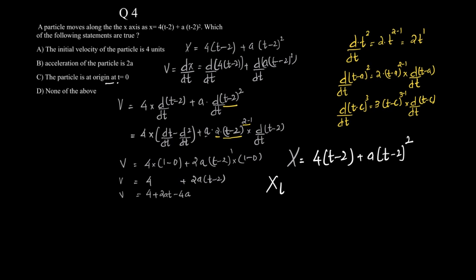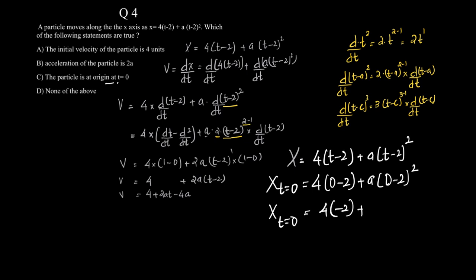So what is the value of x when t is equal to 0? x at t equal to 0 is 4 into 0 minus 2, which is minus 2, plus a into 0 minus 2, which is minus 2, whole square.